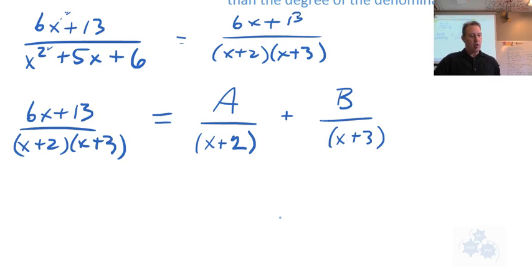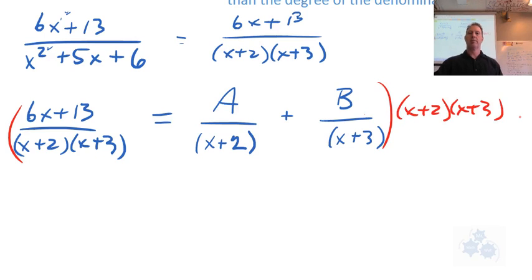Okay? So let's see. What we're going to do here is multiply every term on both sides by x plus 2 times x plus 3. That's something we can do. Again, we're simply solving, but we have two unknowns here, not just one. So we're going to start off by doing this.